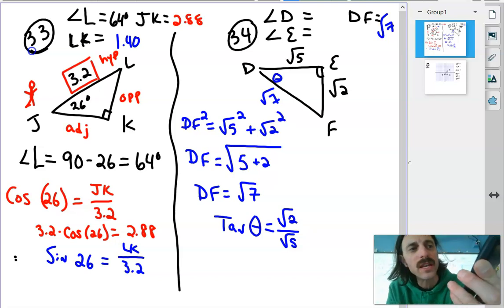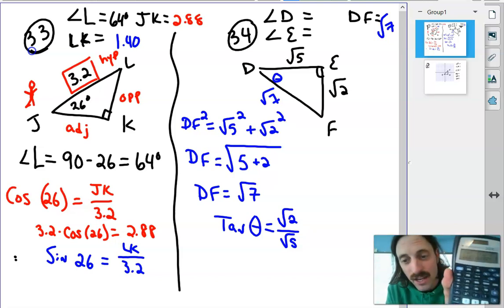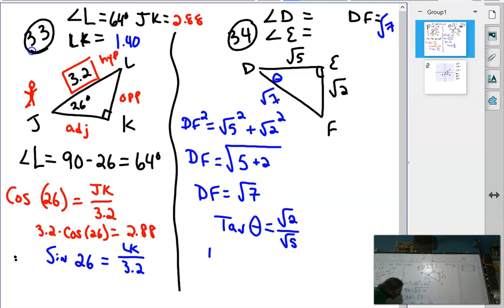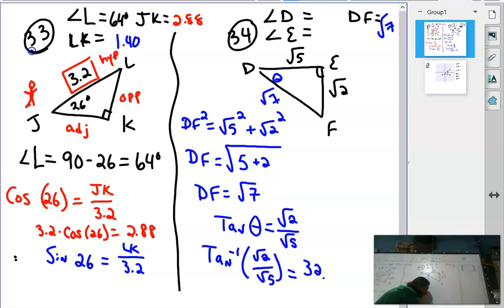So I put that value in, and it says it's exactly 32.3 degrees. So really what I'm doing is arctan of square root 2 divided by square root of 5, and that's 32.3. The book says to round to the nearest degree, so that would be just 32 degrees. So angle D is 32 degrees.